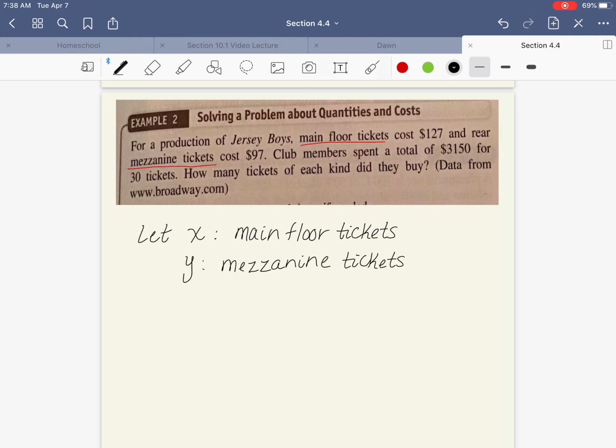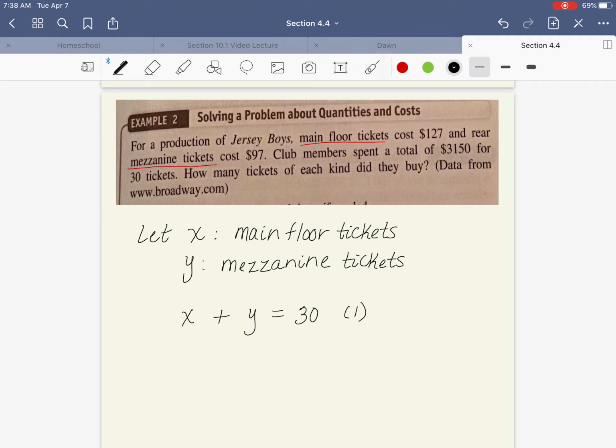All right, so it says the main floor tickets cost $127 and the rear mezzanine tickets cost $97. Club members spent a total of $3,150 for 30 tickets. All right, so the number of main floor tickets plus the number of mezzanine tickets is a total of 30 tickets.